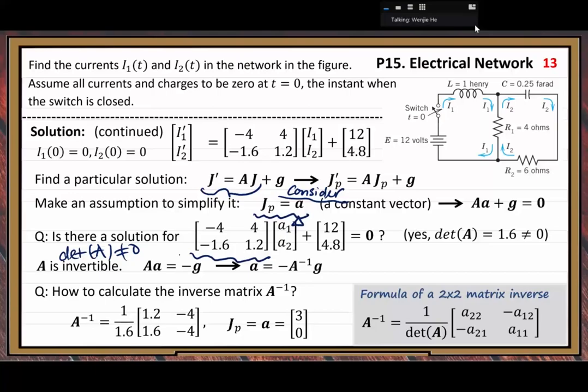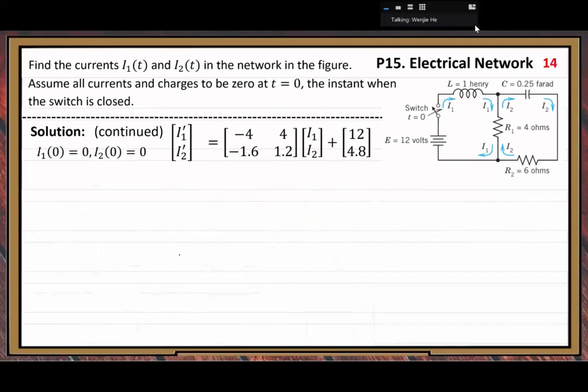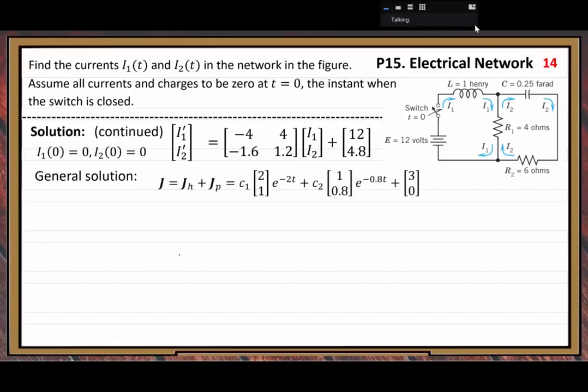So we can solve this non-homogeneous linear system. Then the general solution is the homogeneous part and then the particular part.